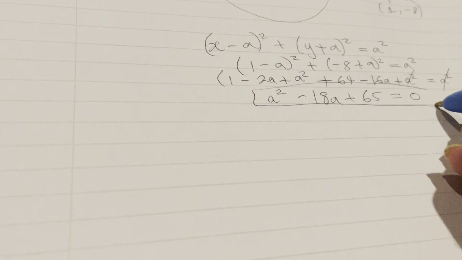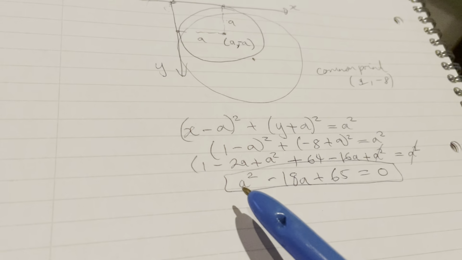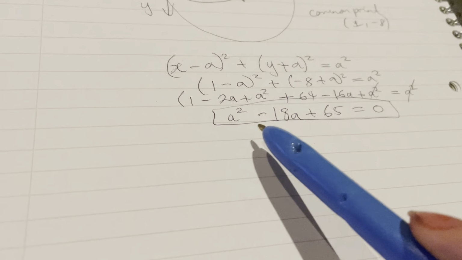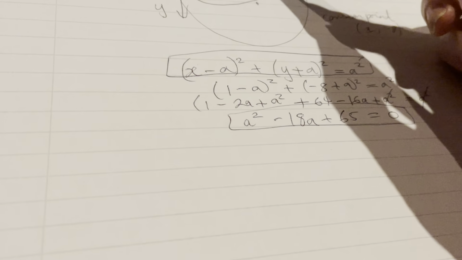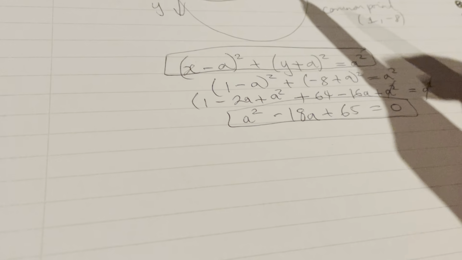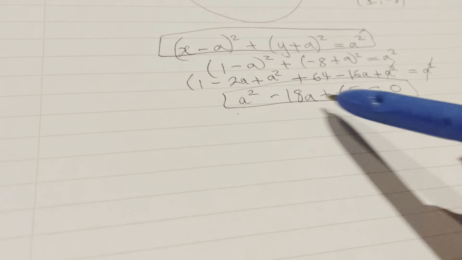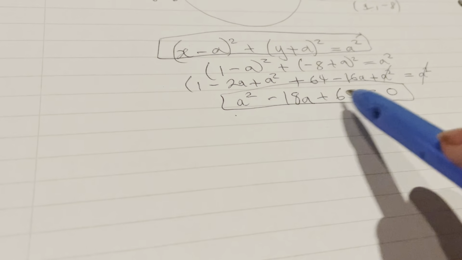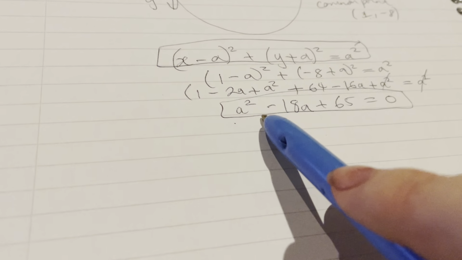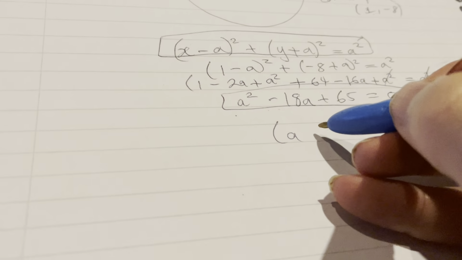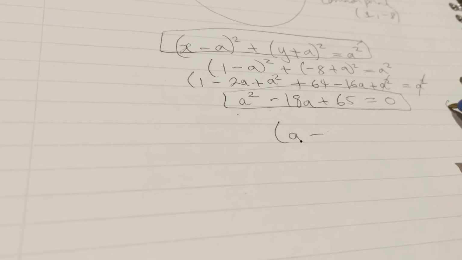So that is now the general equation of all circles that touch the x and y axis and have that point in common. It looks like there will only be two, because it's a quadratic equation, well, at most two. Okay, so 65, what is 65?